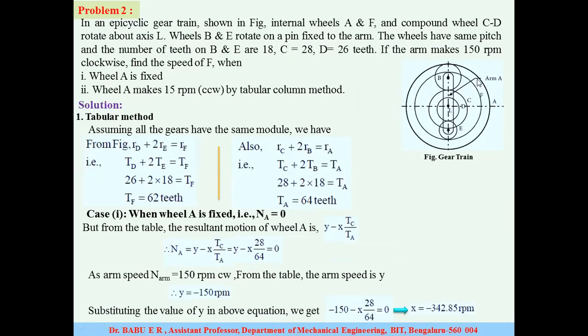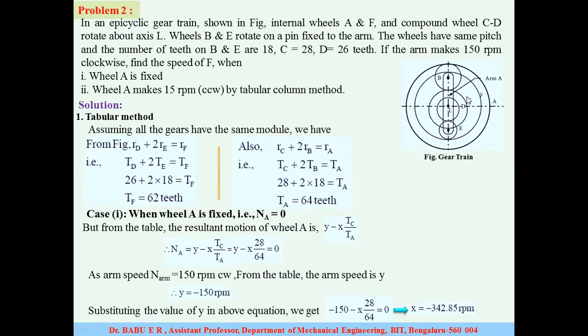Go to the wheel F. This is the wheel F. The wheel F is meshing with the gear E. In turn, the gear E is driven by the gear D. So the motion is transmitting from D to E, again from E to F. Now I have to find out the number of revolutions of this.